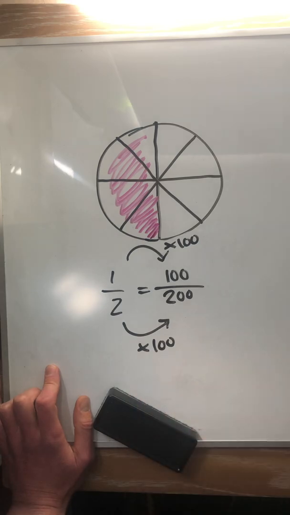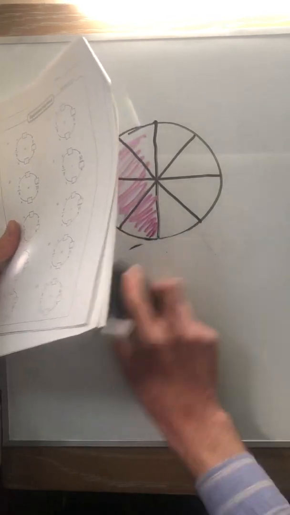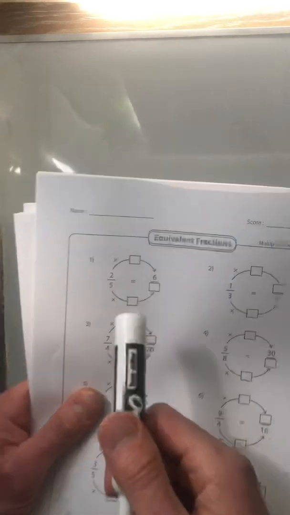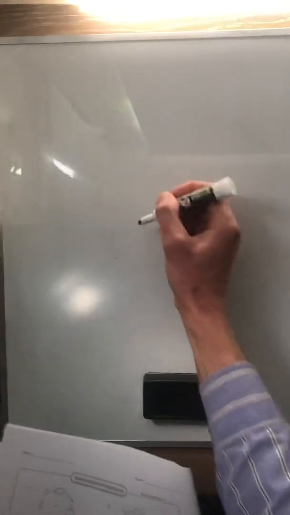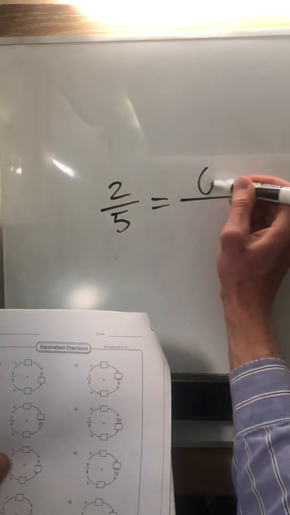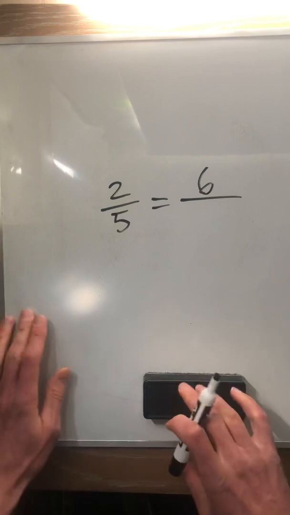So when you look at this problem here, they're trying to get you to think about 2/5 equals 6 what? For that first one. So they say 2/5 equals 6 what? And you fill in the blanks. Well, one way to do that is to draw it out.